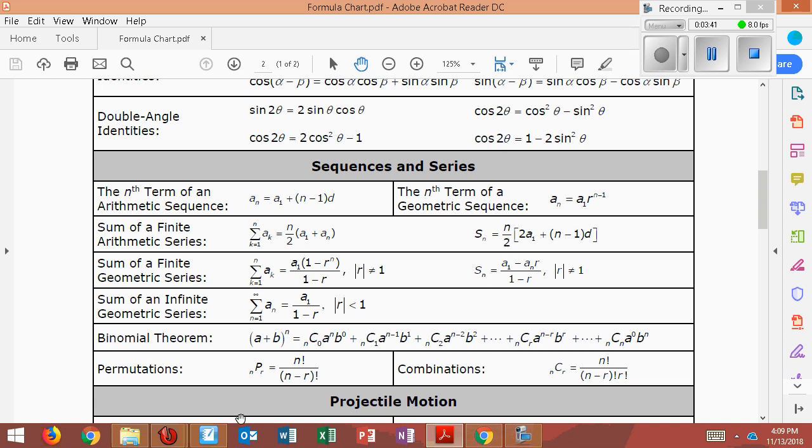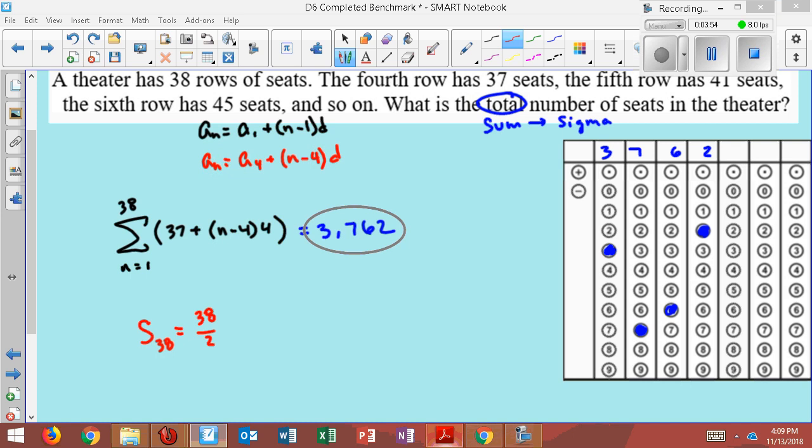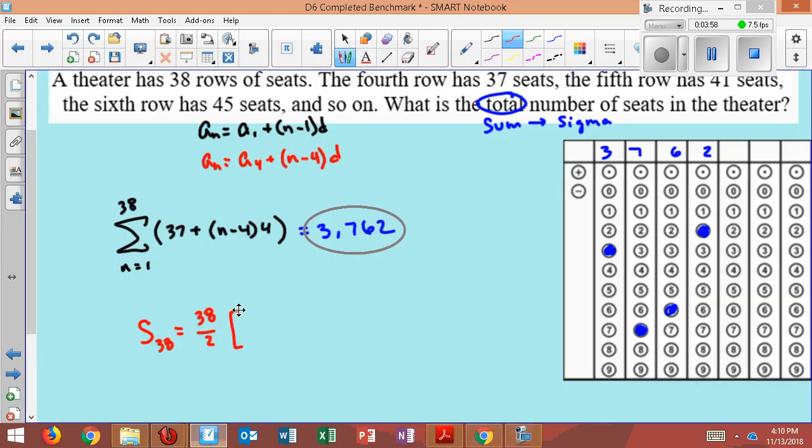If I wanted to find the sum of 38 terms, so this is just extra now, I could use this formula by saying 38 over 2, and then multiply this bracket 2 times, and let me write out the formula first. S sub n equals n over 2 times 2a sub 1 plus n minus 1 times d.